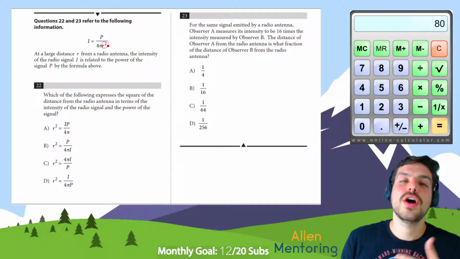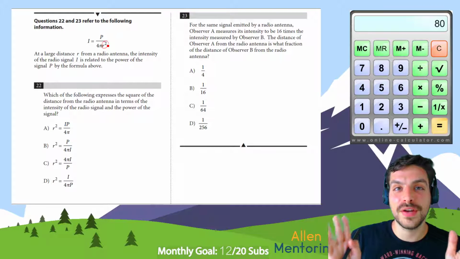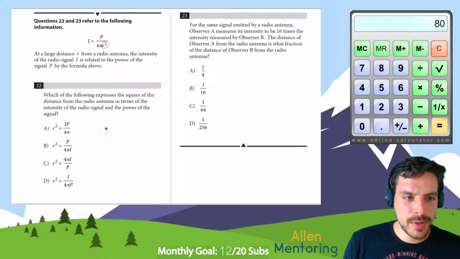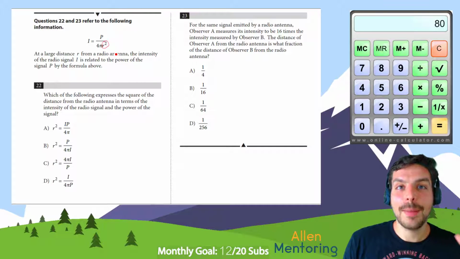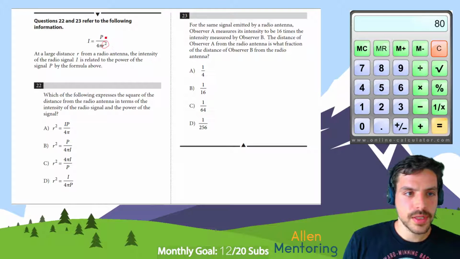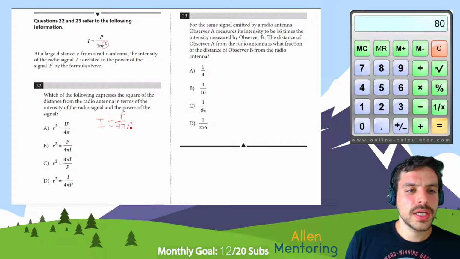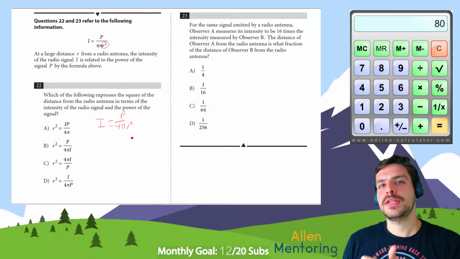We've seen a ton of these problems, so we should be very familiar with how to do this. Just like any algebra problem, what we want to do is the opposite to both sides. So let me just rewrite this. I is equal to P over 4 pi r squared. The first thing is we want to get this r squared out of the denominator.